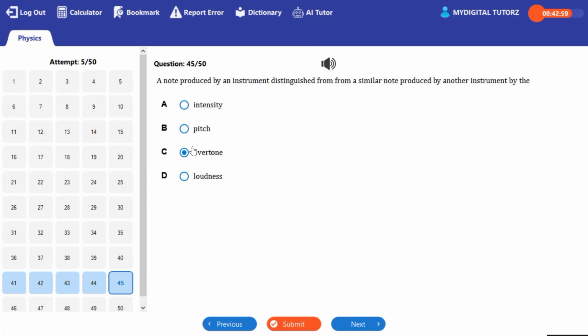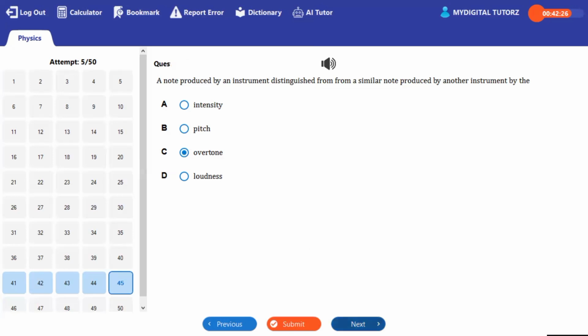So a note produced by an instrument is distinguishable from a similar note produced by another instrument by that quality known as overtone. I hope this is understood. I took my time to explain this for a better understanding. So that is question 45, and the correct answer here is the overtone. Just take overtone like a special sound associated with every musical instrument.